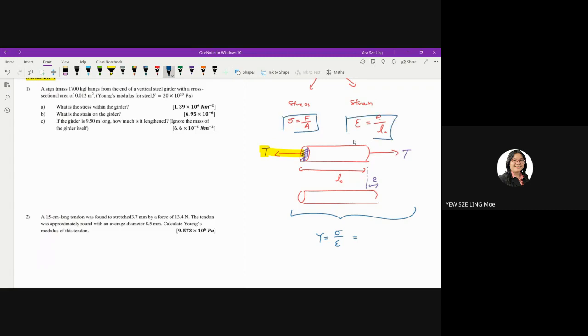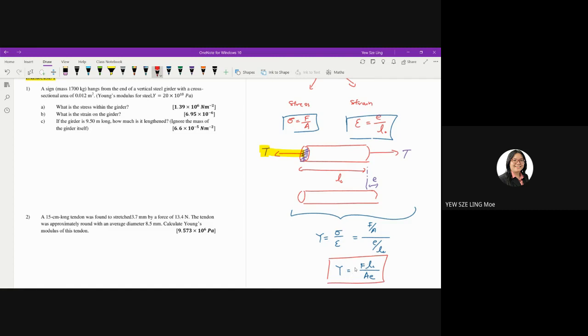So Y equals F over A divided by e over L naught. You rearrange the equation and you will obtain Y equals F L naught over A e. Most of the time, this is the equation that we use in our calculations.